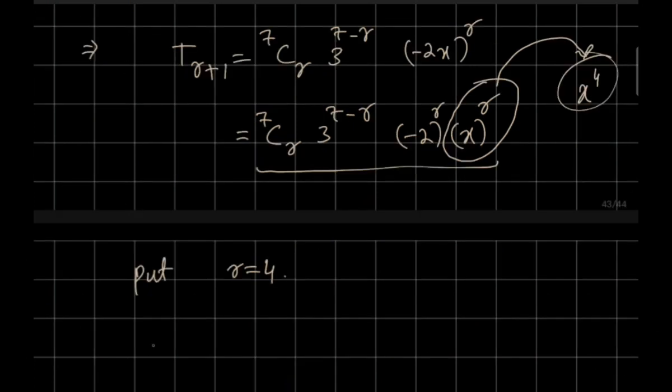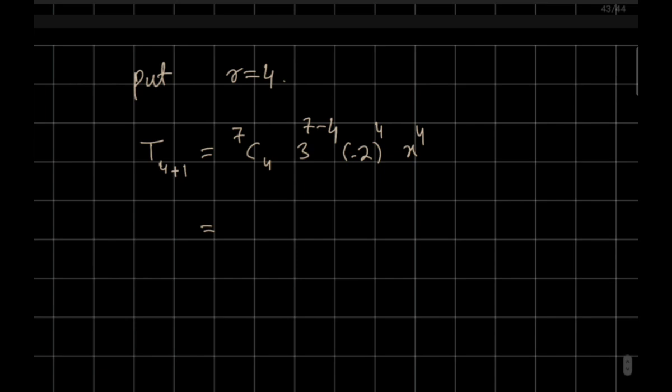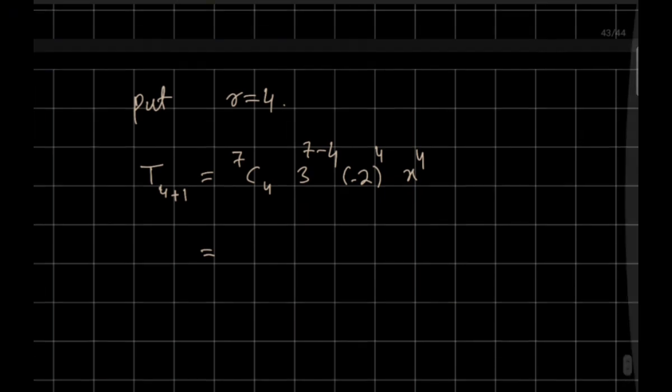By putting r = 4, I will get T(4+1) = 7C4 3^(7-4) (-2)^4 x^4. Now we will solve this expression.